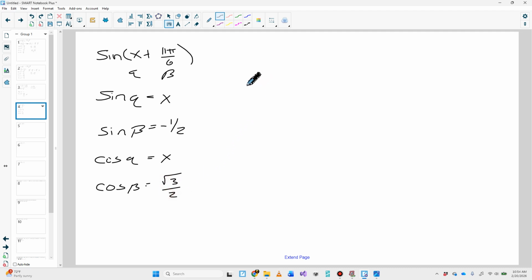And if I use the sine formula, that's going to be the sine of A times the cosine of B, plus the cosine of A times the sine of beta.